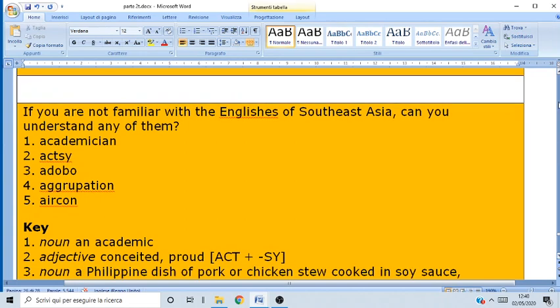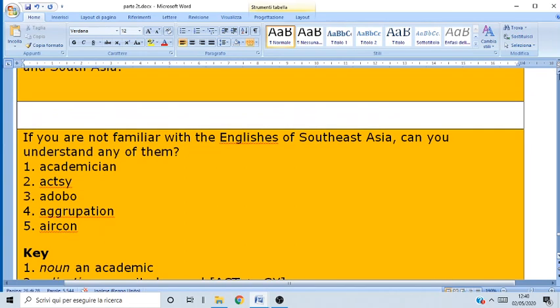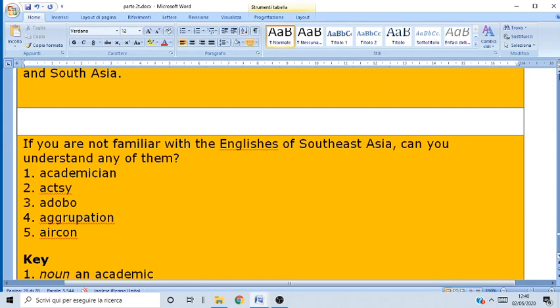If you're not familiar with the Englishes of Southeast Asia, can you understand any of these terms? Academician, actsi, adobo, agrupation, and aircon. Let's look at the key, but I guess you don't even need it.